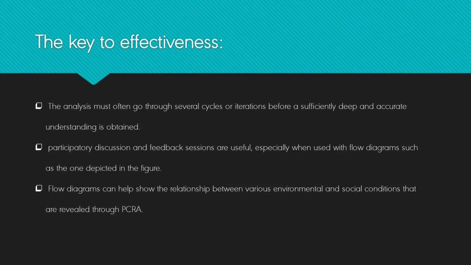Participatory discussions and feedback sessions are useful, especially when used with flow diagrams such as the one depicted in the figure. Flow diagrams can help show the relationship between various environmental and social conditions that are revealed through PCRA.